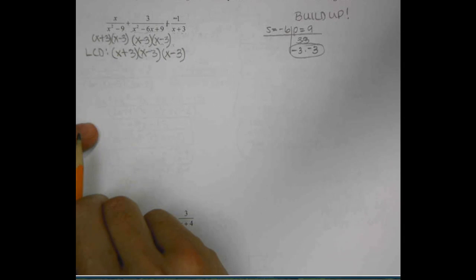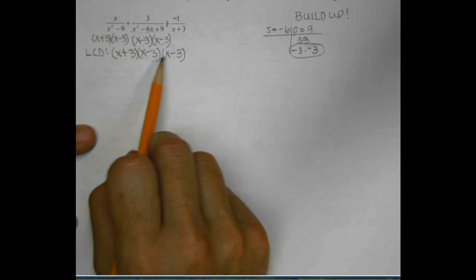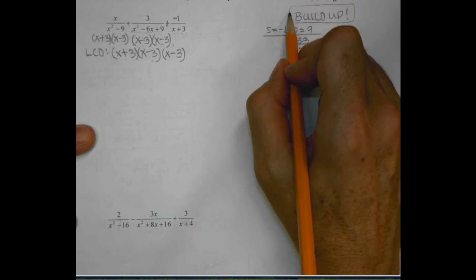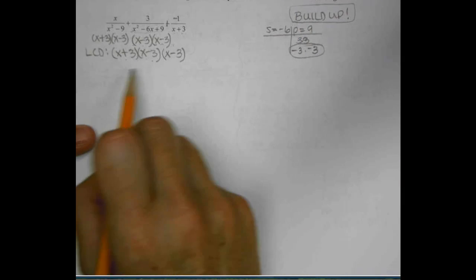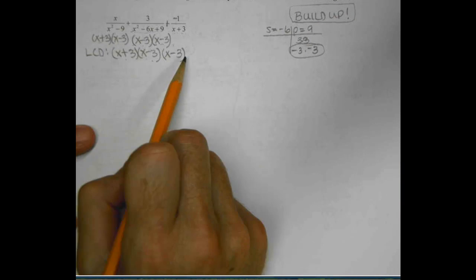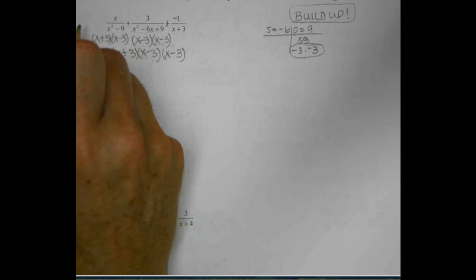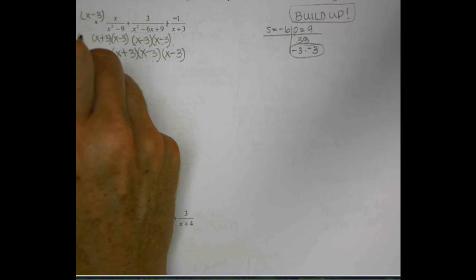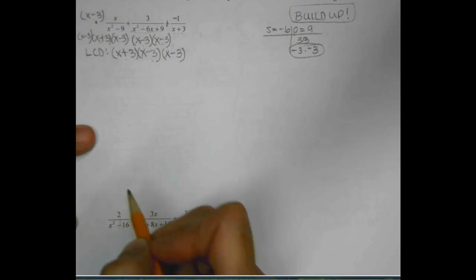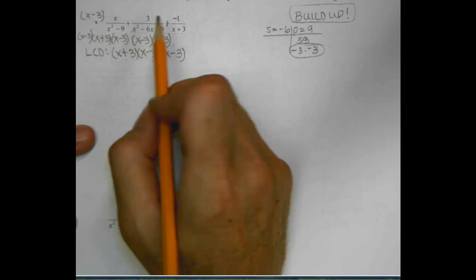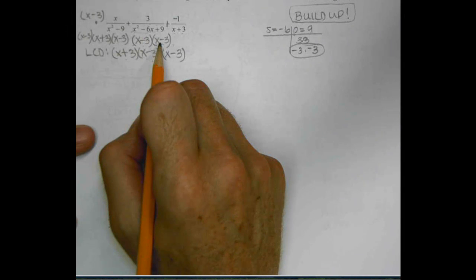So now I have 3 factors in my LCD, and remember I have to build them up by multiplying by a form of 1. For this denominator I have x plus 3, x minus 3. I'm missing that extra x minus 3, so I'll have to multiply x minus 3 for the numerator, x minus 3 for the denominator. And on my second rational I have x minus 3, x minus 3.